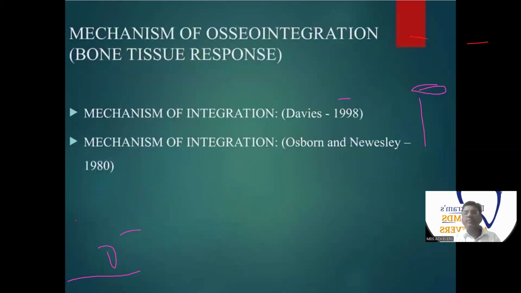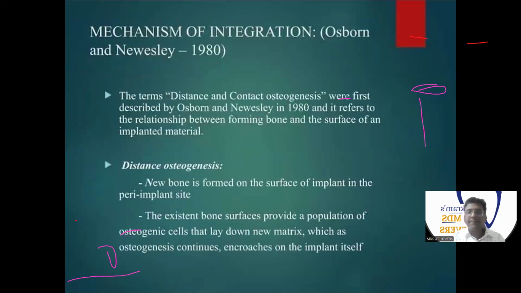Thereafter, the mechanism of osseointegration, given by Davies in 1998, and the mechanism of integration given by Osborn and Newesley. The terms distance and contact osteogenesis were first described by Osborn and Newesley in 1980 and refer to a relationship between the forming bone and the surface of an implanted material.